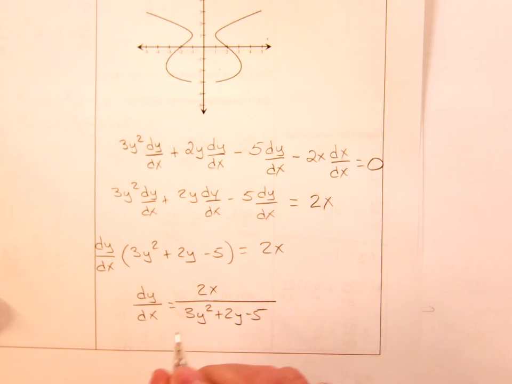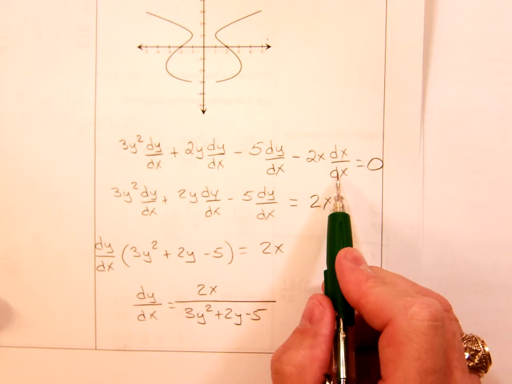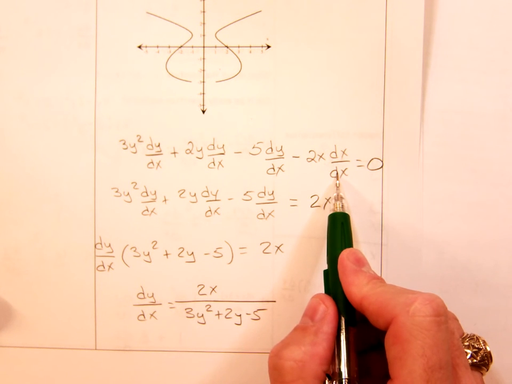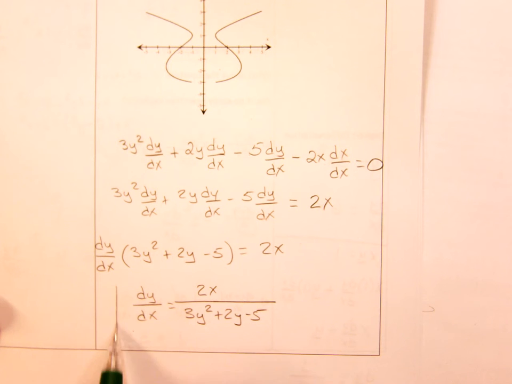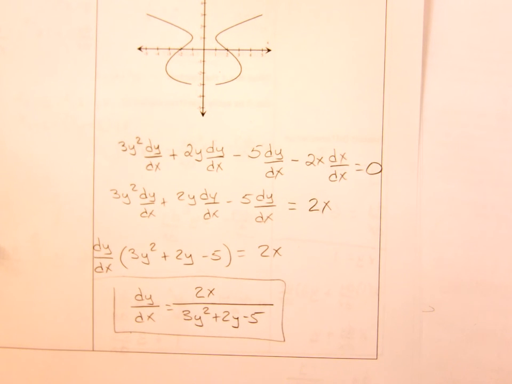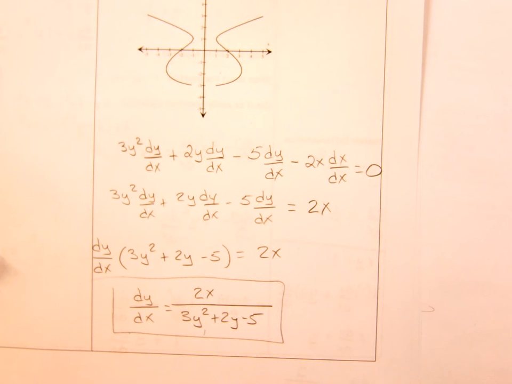What was the question? Why does the dx over dx, they're the same. It just reduces to 1. So there's your slope. Different from whenever we can explicitly do this, what is my slope in terms of this time? x and y. You have to have both of them to do it.